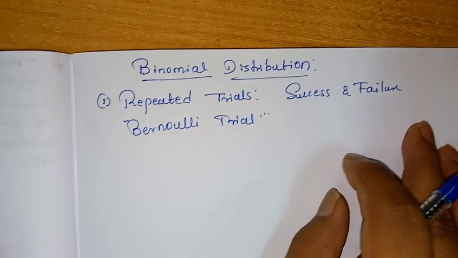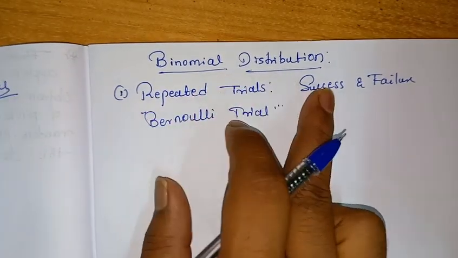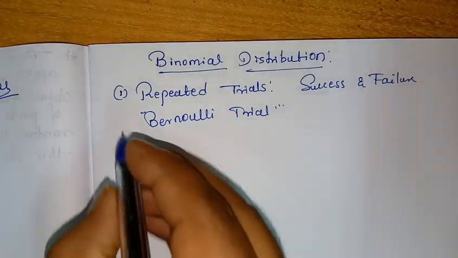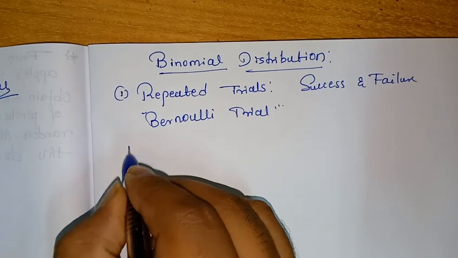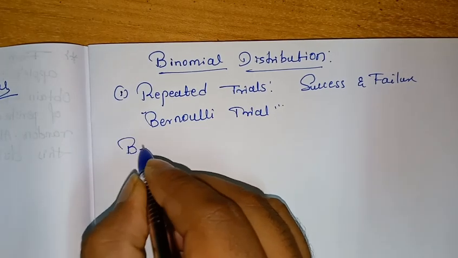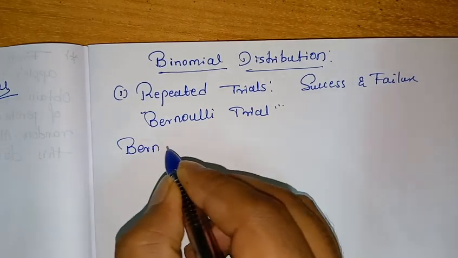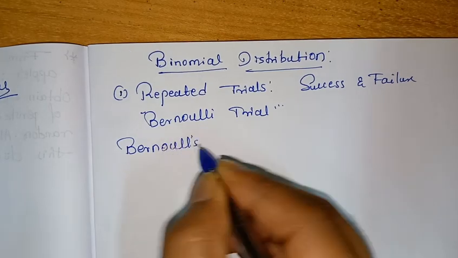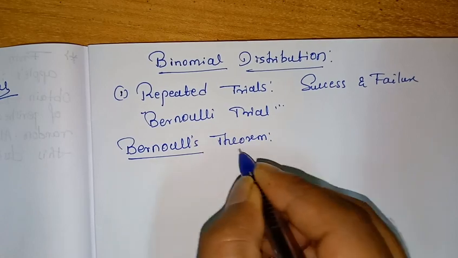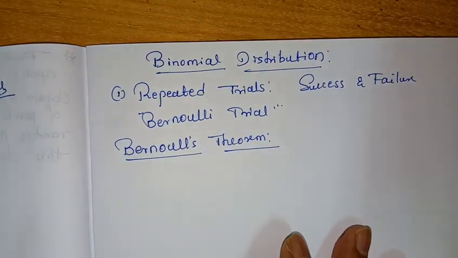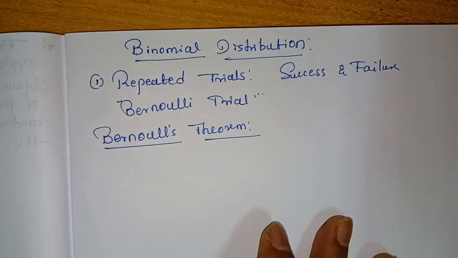Now before going to binomial distribution, I'll just give the statement of Bernoulli's theorem. What is the statement of Bernoulli's theorem? We will learn it; proof is not required. I'm just giving the statement, then I'll move on to the binomial distribution concept.